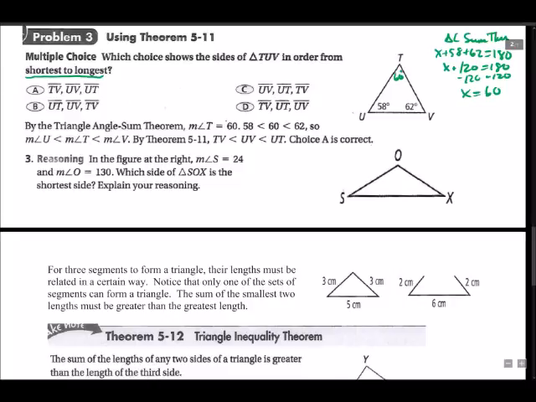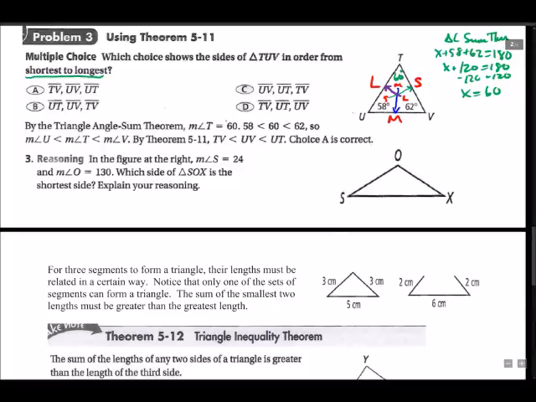So we need to locate our small, our medium, and our large angles. If we go across, this is our small, this is our medium, and this is our large. So small angle, go across to your shortest side. Medium angle, opposite side goes to the medium side. And our biggest angle, opposite that is our biggest side, our longest side.